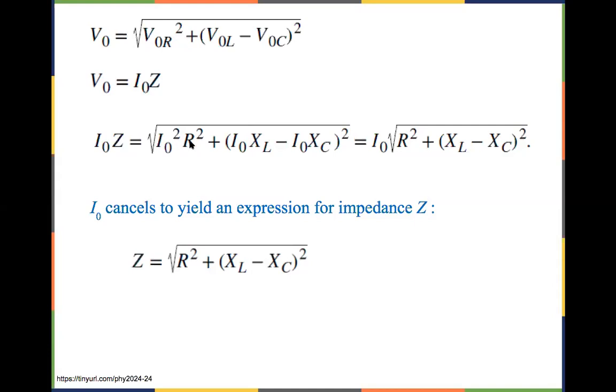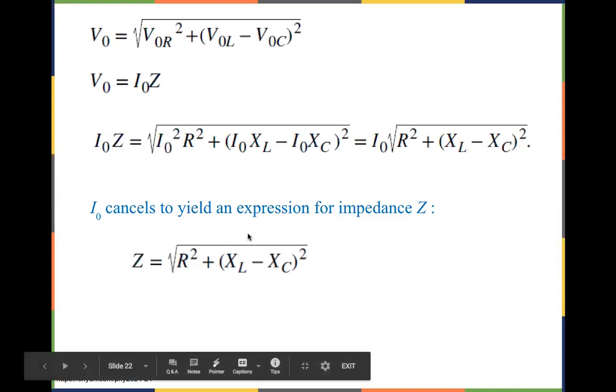The I0s are inside the square, so I0 can come out of the square root and it becomes I0 multiplied by this. Then the I0 on both sides cancels out, so you have Z equals the square root of R squared plus (XL minus XC) squared, okay? You just need to know the final result here.